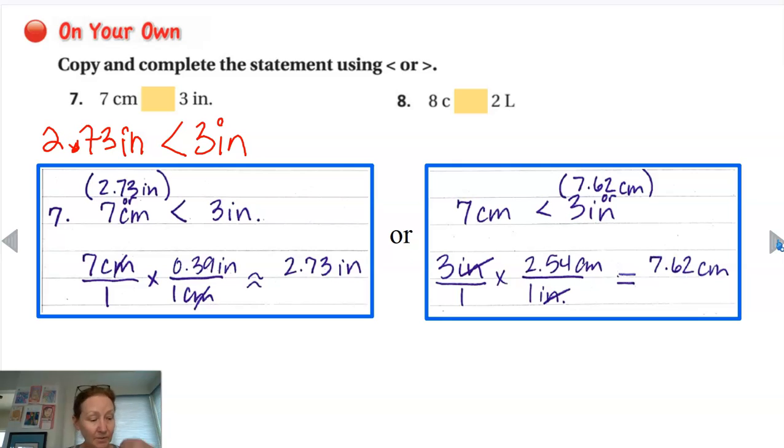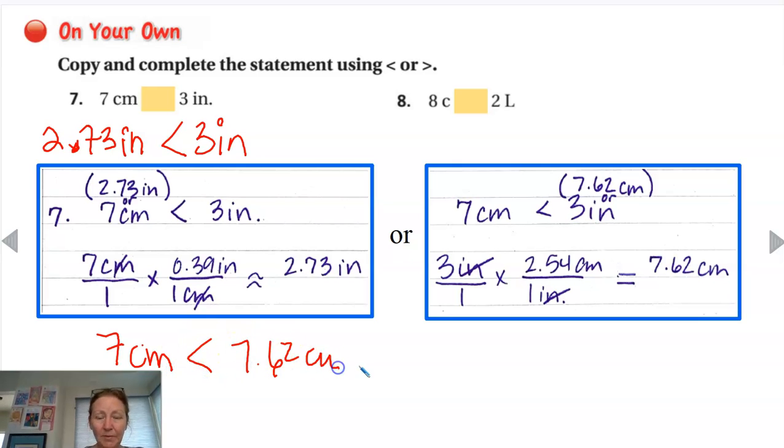This was still the other example, if you used a different conversion factor and you decided to convert it into centimeters. So either way, if this is centimeters, then you have 7 centimeters is less than 7.62 centimeters.